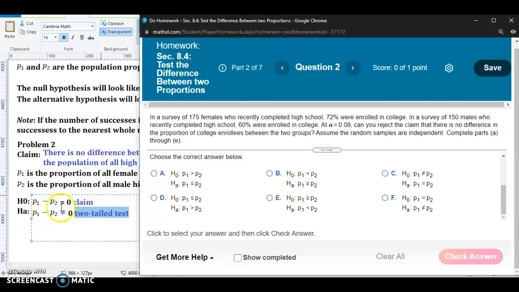P1 minus P2 equal to 0 means the two proportions are equal, so we're looking for the answer choice where the null hypothesis has the two proportions being equal. Likewise, P1 minus P2 not equal to 0 is equivalent to saying that P1 is not equal to P2. So it looks like answer choice F is the best answer choice.